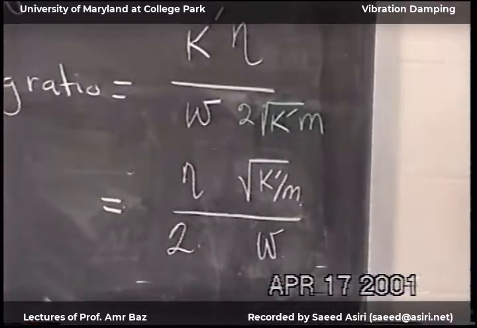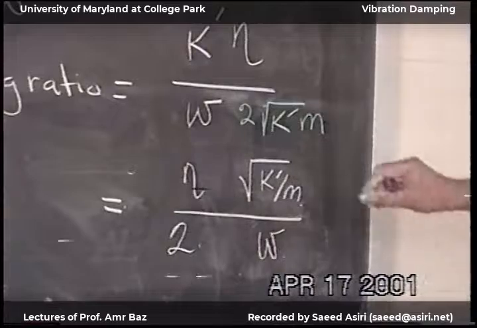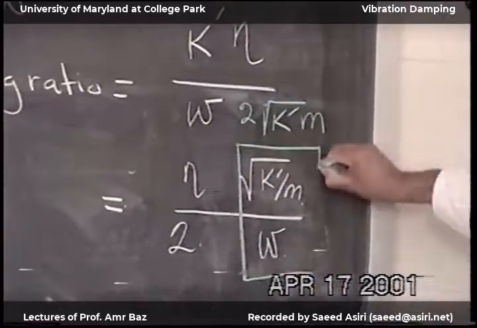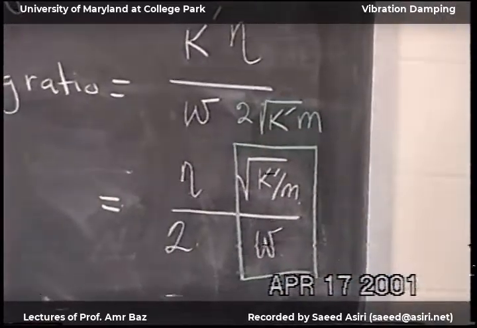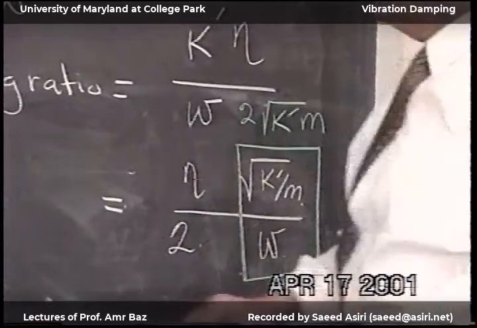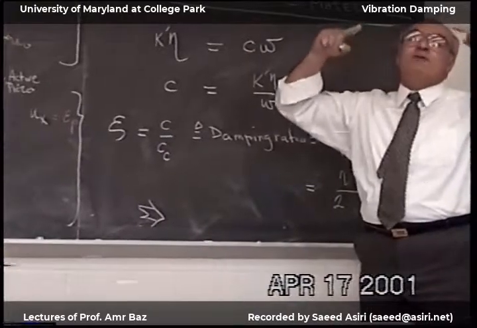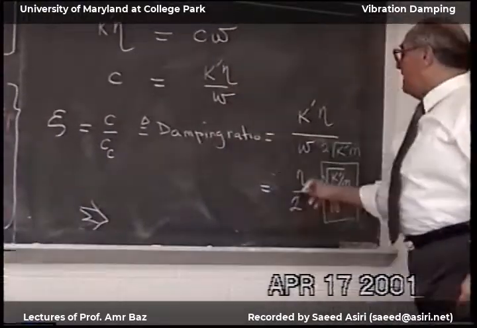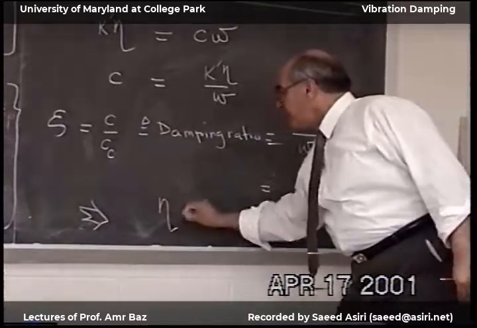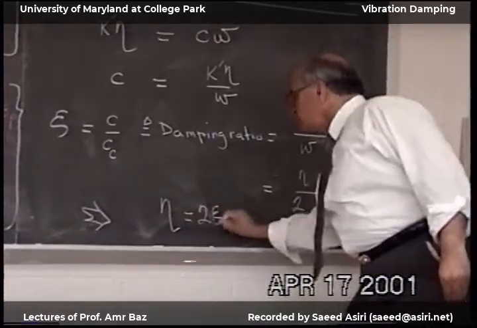So if I am at resonance, this ratio is equal to 1. And we have to keep this in our head very clearly, because many people confuse this. Eta is twice that.